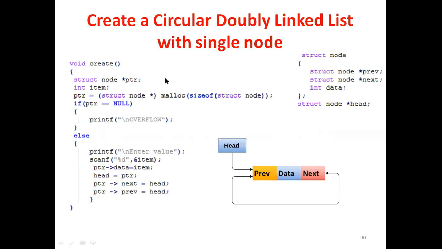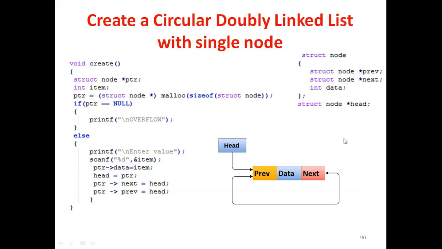Now the create operation of a circular doubly linked list with a single node. You can see this is the doubly linked list with a single node. So this is the first node and this is the last node also. Can you tell me what will be the value of this next field and this previous field? If there is only one node in the circular doubly linked list, tell me, students.